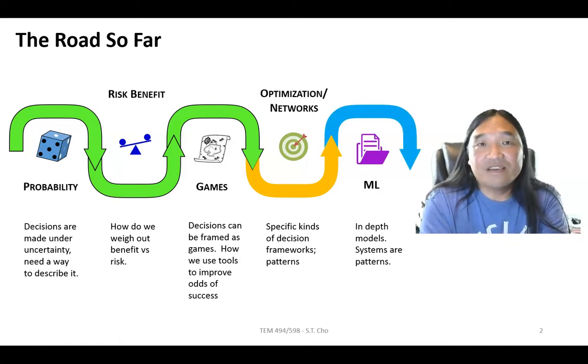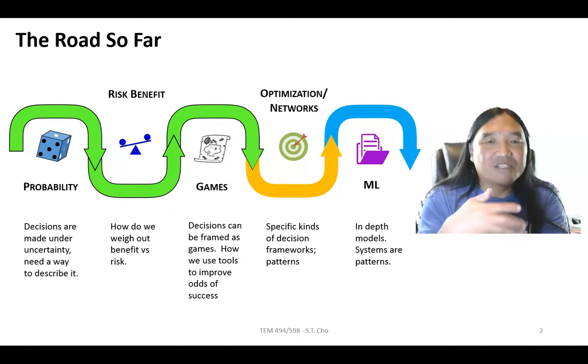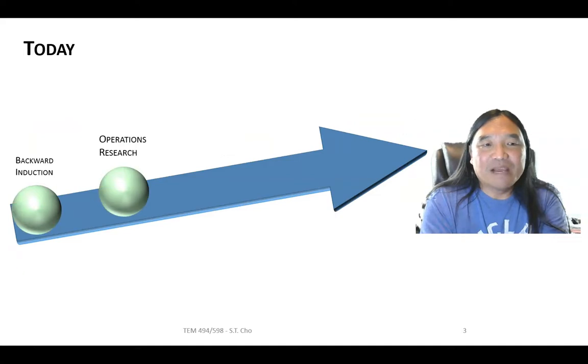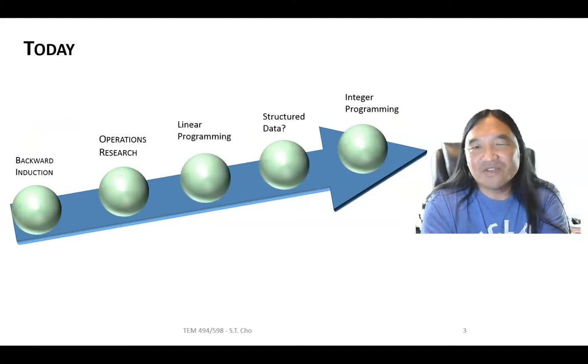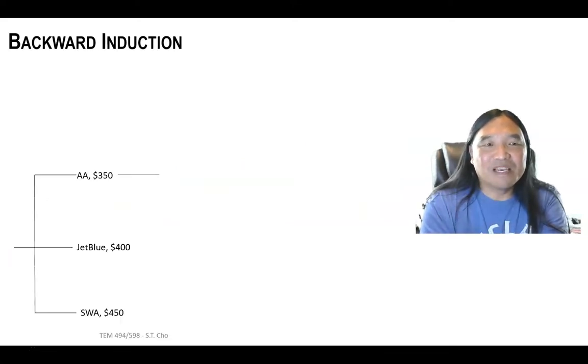And finally, we end up with machine learning. And that's the algorithms and the processes that pretty much drive everything today. So today we're going to talk about backward induction, operations research, linear programming, structured data, and I have a question mark next to that, and you'll see why, and also integer programming.